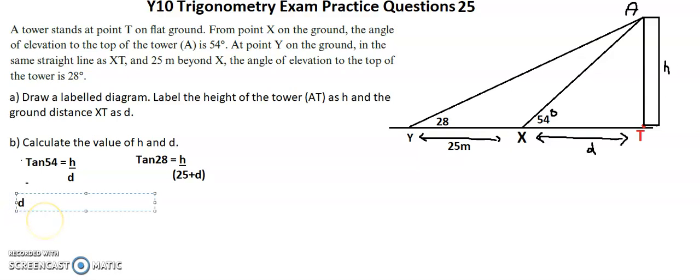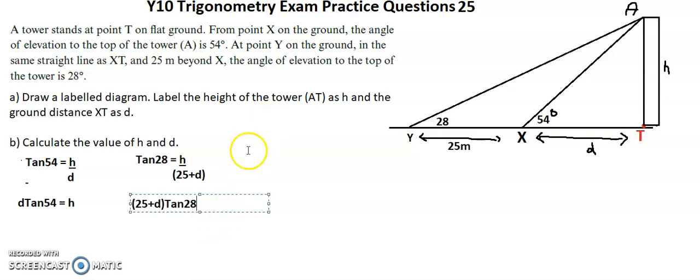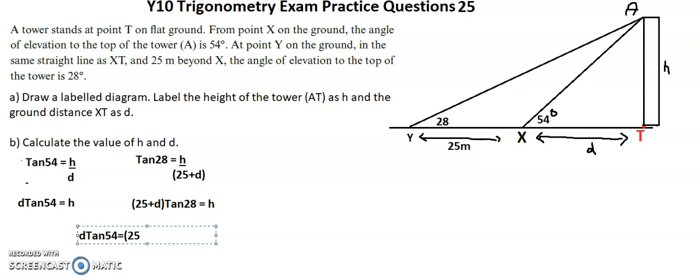That gives me on my left-hand side, D tan 54 is equal to H. Likewise on my right, I times both sides by 25 plus D, so 25 plus D in brackets is timesing with tan 28, and that equals H. That allows me to see the relationship between both of them, and it means I can say that they are both equal to each other. D tan 54 is equal to 25 plus D in brackets tan 28.